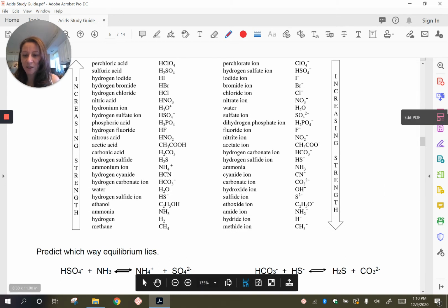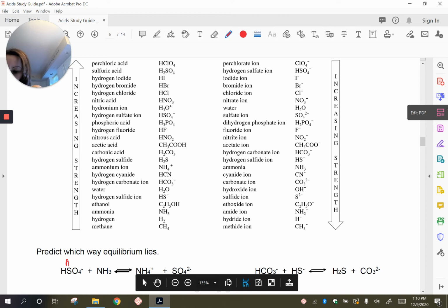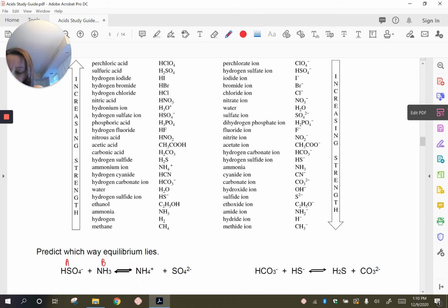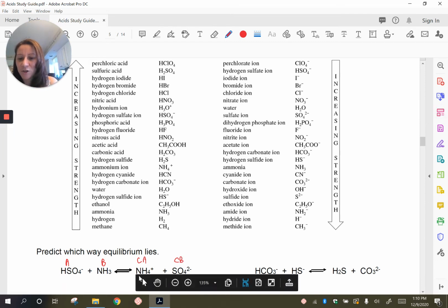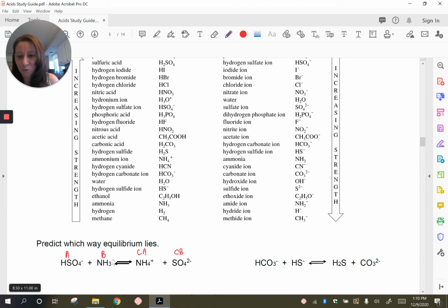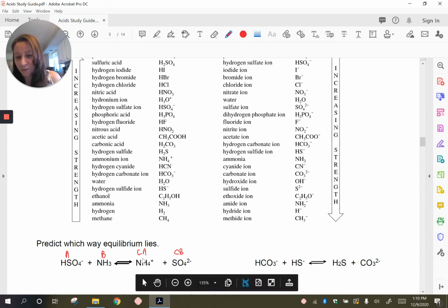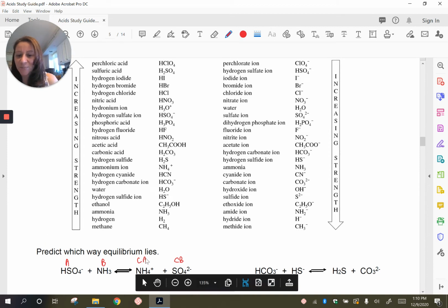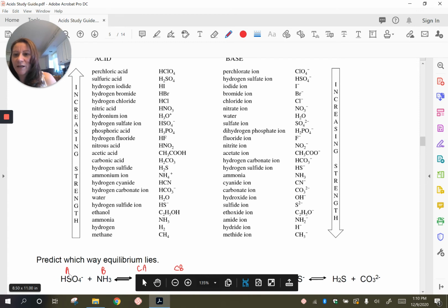HSO4 minus and NH3, this is my acid, this is my base, this is my conjugate acid, and this is my conjugate base. I know that because HSO4 minus is my acid. When it gives away an H plus, it becomes SO4 2 minus, so that's my conjugate base. My ammonia is my base, so it gains an H plus to become NH4 plus, so that becomes my conjugate acid.